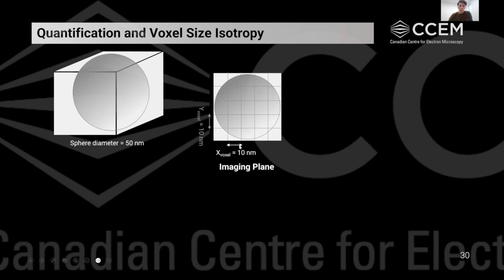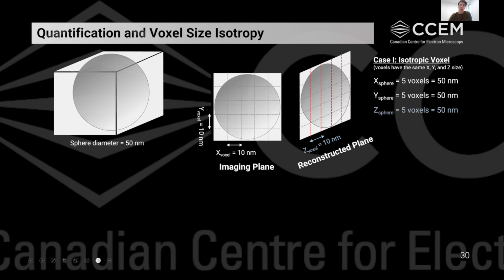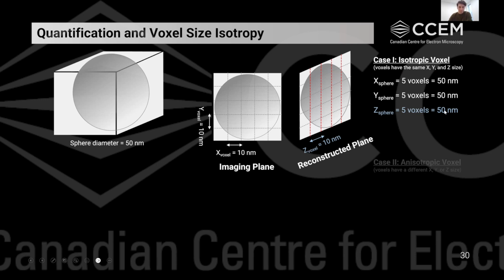If we're acquiring this with X and Y dimensions of each voxel of 10 nanometers, so it's 5 voxels by 5 voxels, and our slice thickness is also such a way that our slices are separated by 10 nanometers, we get equivalent resolving power when our voxels have the same X, Y, and Z size. So it's going to be 5 voxels in X, 5 in Y, 5 in Z. So this sphere is going to appear to be 50 nanometers by 50 nanometers by 50 nanometers.